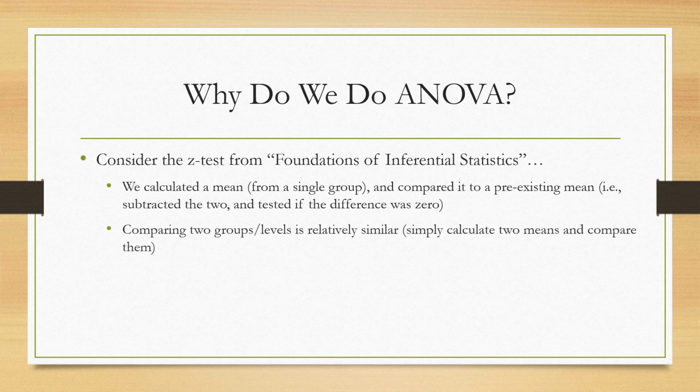We can do this with 2 groups in a really similar way. So previously we would subtract the null hypothesized mean from the mean. With two groups, we take one group and subtract the second group's mean from the first mean. Now, there's a little bit of complexity when calculating the standard error, but by and large, this is a very similar process to what we did previously.